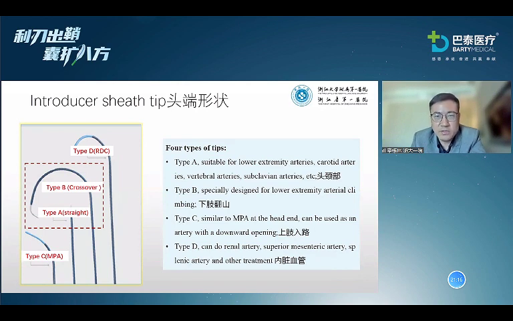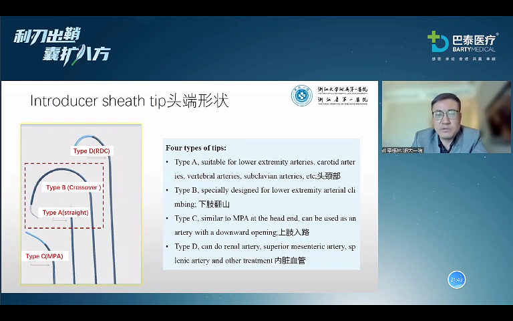Type C is better for upper extremity access because we need to choose the visceral artery. If the sheath is too straight, when we want to enter the ostium of the artery, there can be resistance. So for visceral artery reconstruction, this is a very good choice.